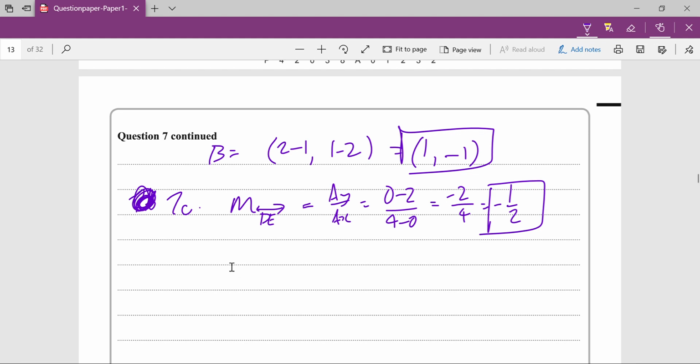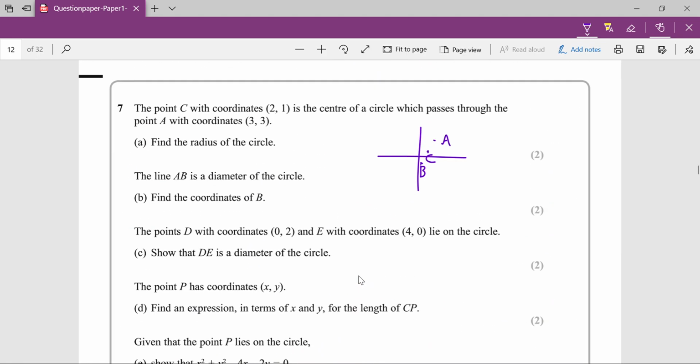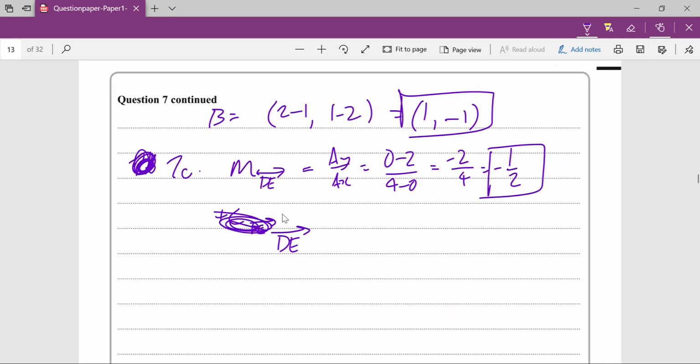And secondly, the y-intercept for the line DE. We know it has to pass through D, which has coordinates 0, 2.